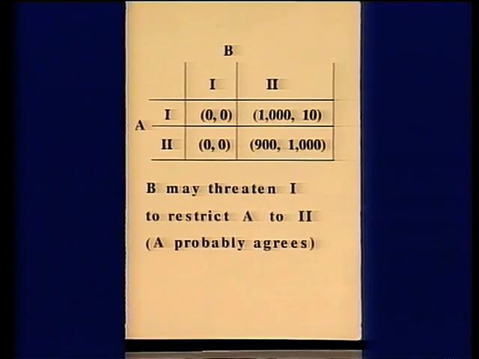Had B chosen to play strategy 2 and A plays strategy 1, A could pick up £1,000 or 1,000 units. But is he prepared to throw all that away rather than lose from 1,000 to 900 by agreeing? The chances are A will probably agree, but again it depends on particular financial circumstances.